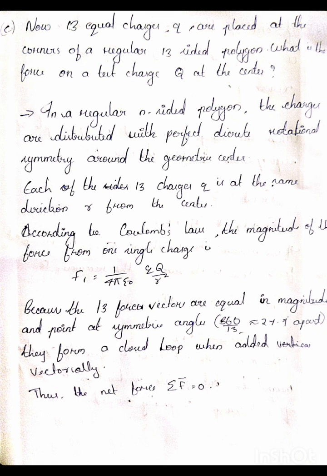According to Coulomb's law, the magnitude of the force from one single charge is F1 equal to 1 by 4 pi epsilon 0 q into Q divided by r square. Because the 13 force vectors are equal in magnitude and point at symmetric angles, they form a closed loop when added vectorially. Thus the net force, sigma F, is equal to 0.